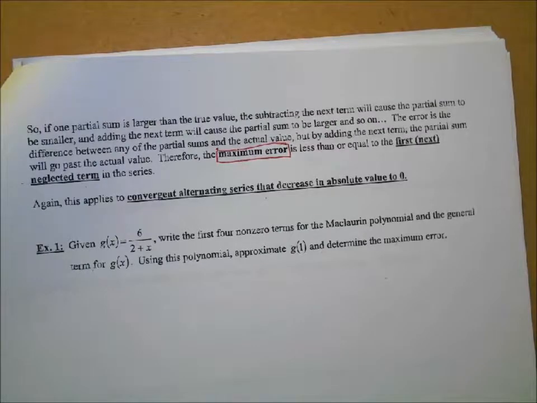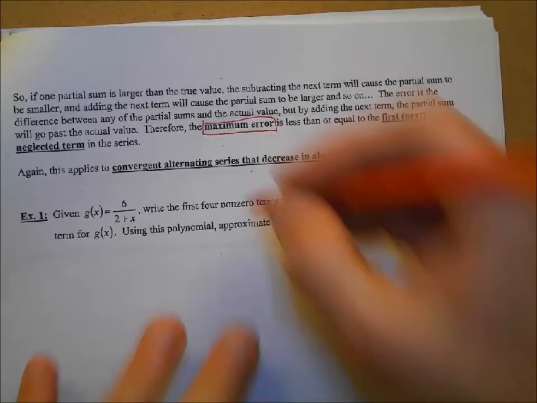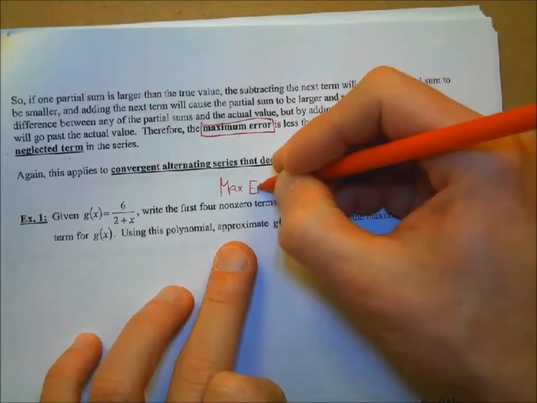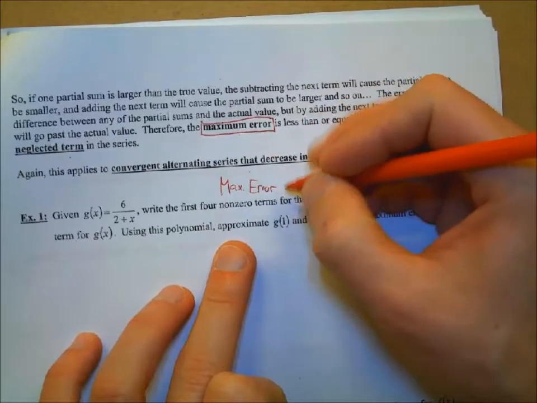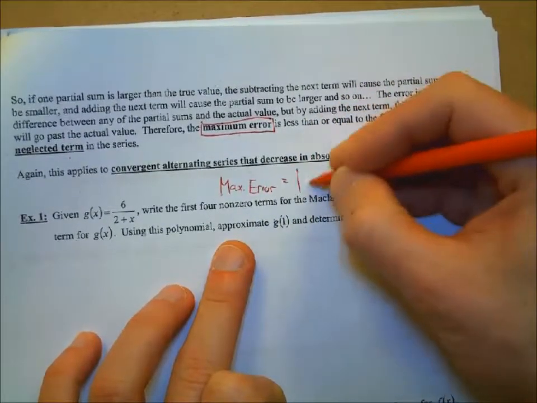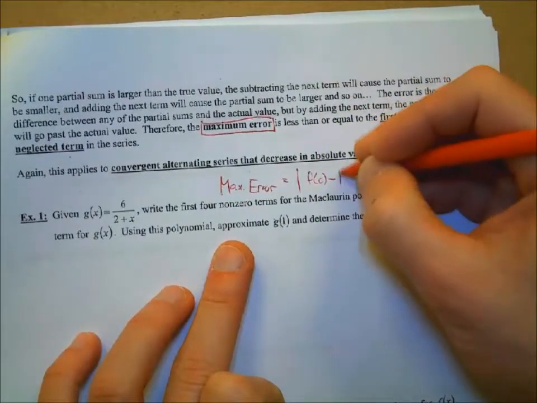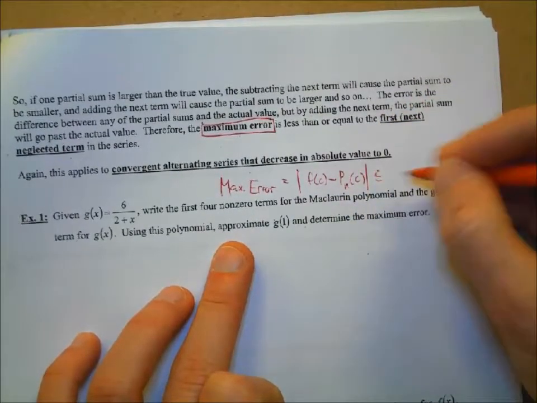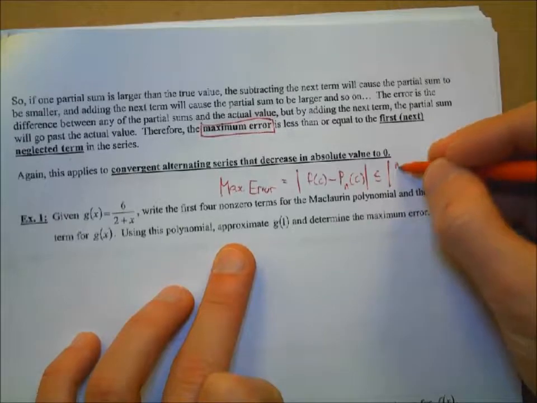All right, so that's the concept, and maybe I've just beaten a dead horse here. So the formula we're going to use for these alternating series is that the maximum error, which is equal to f of c minus p sub n of c, will always be less than or equal to the absolute value of the next term.